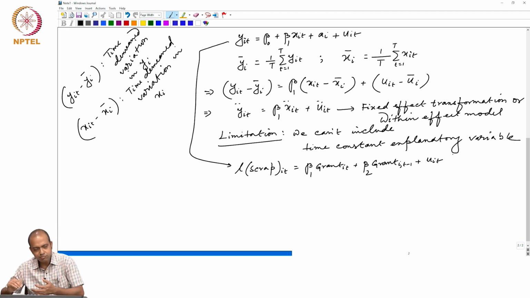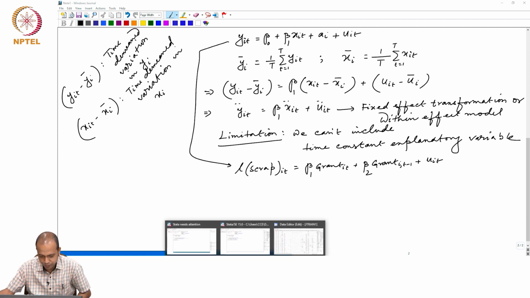If I receive the training this year, probably I will show the improvement in my manufacturing performance next year, right. So, that is why grant_it, this year's training, is there and the previous year's training is also there as an explanatory variable. So, we will try to estimate this model using a fixed effect transformation.